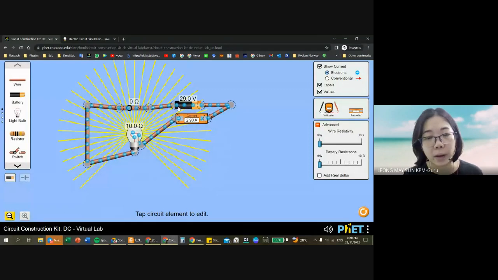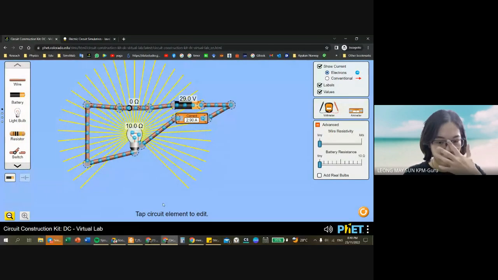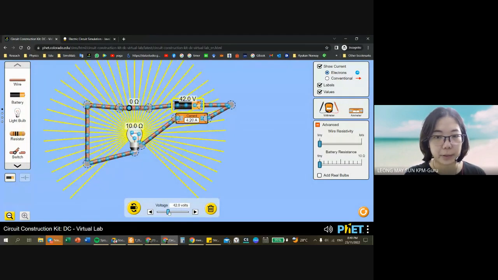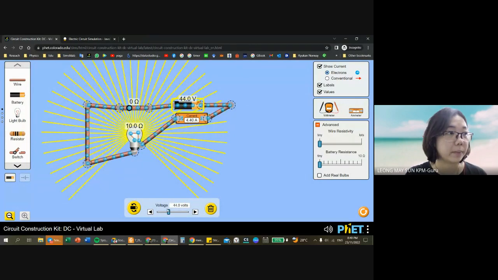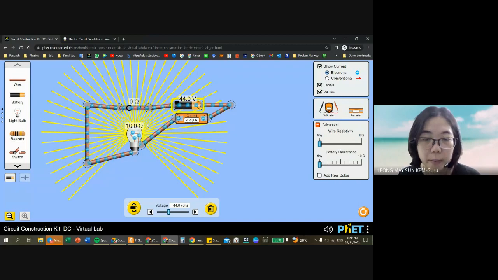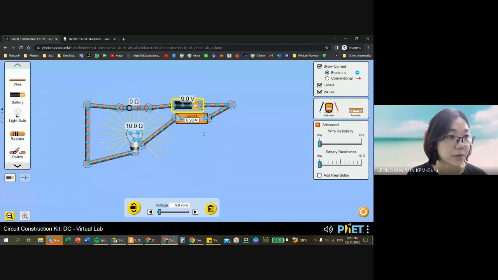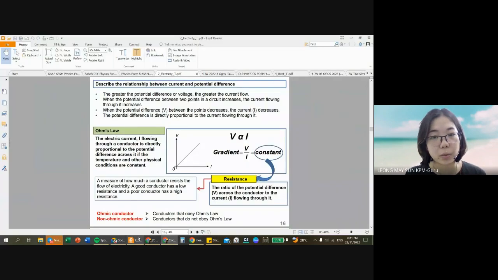If I increase my potential difference, my current will increase. When I decrease my potential difference, my current also decreases. So the greater the potential difference or voltage, the greater the current flow.